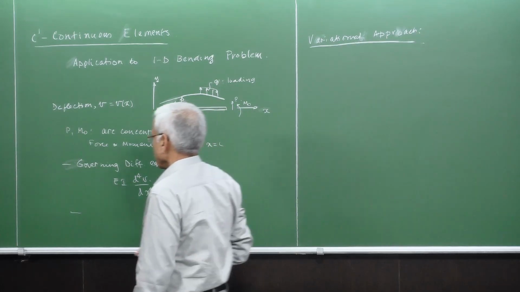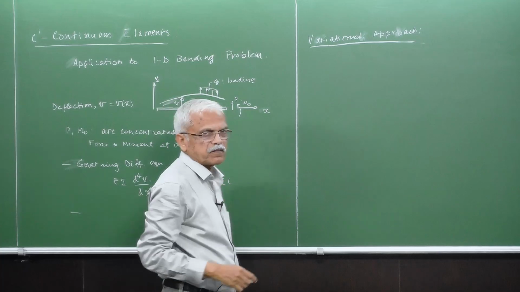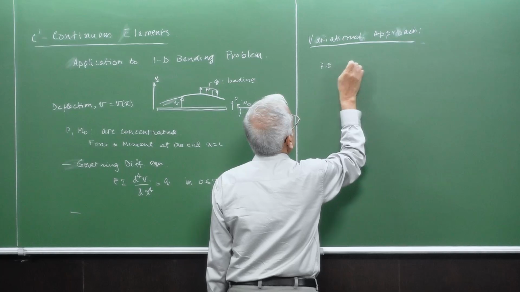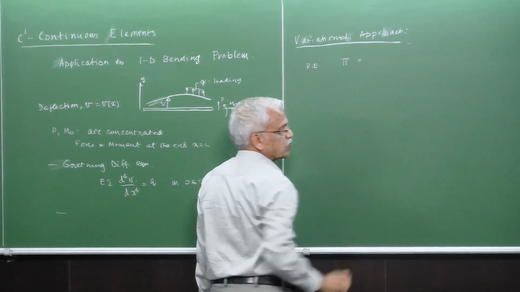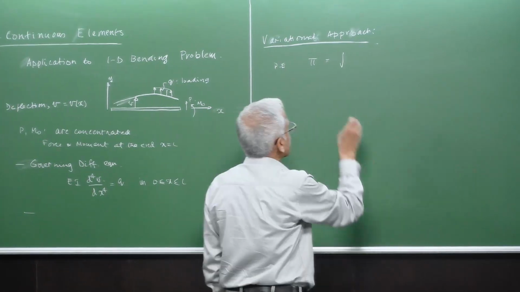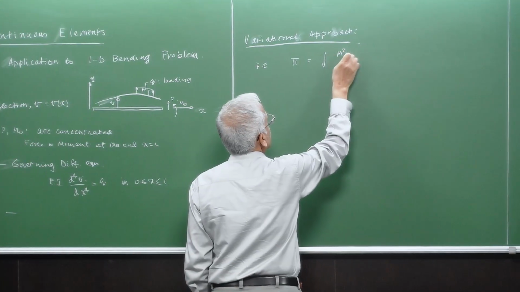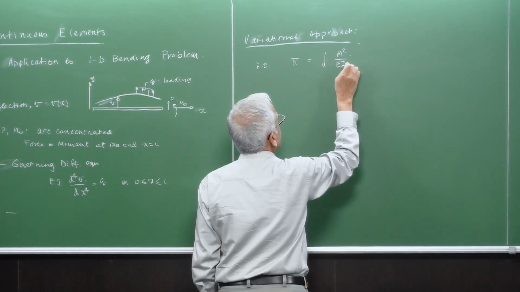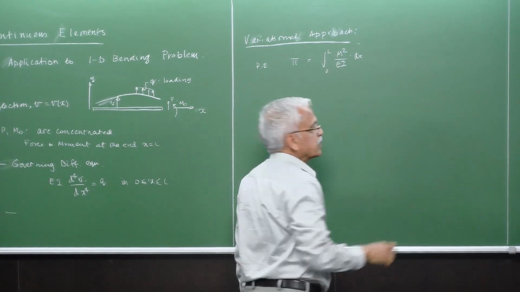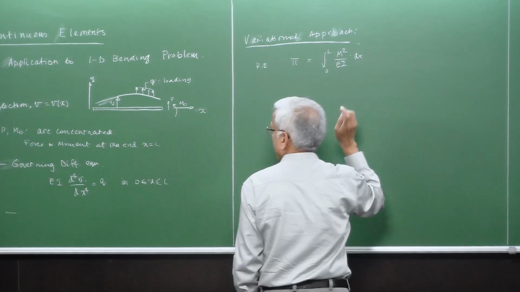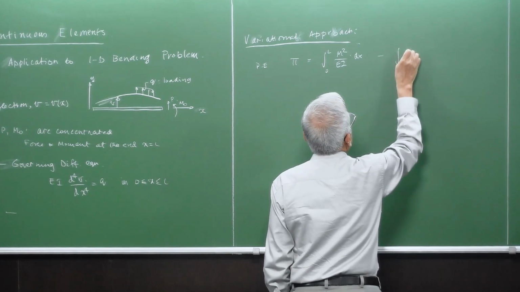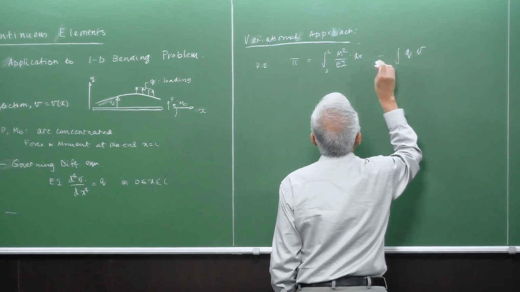So this is one approach given the governing equation. In the variational approach, we define a potential energy pi, which consists of M squared by EI, and this is the elastic energy. And then we also have q times v.